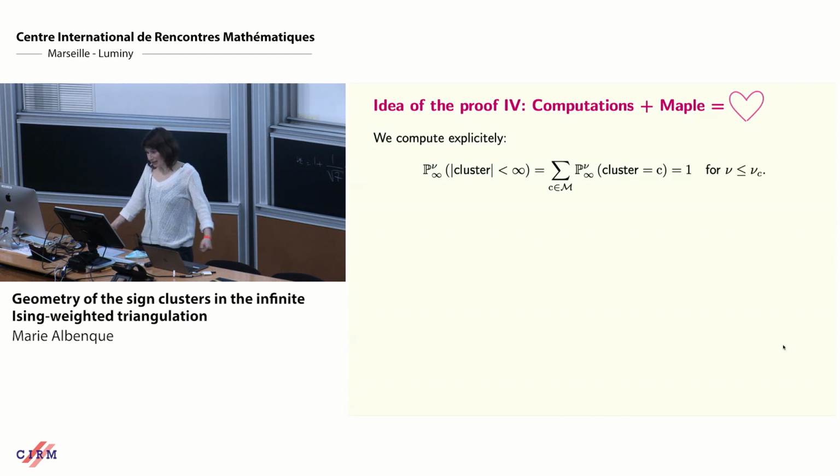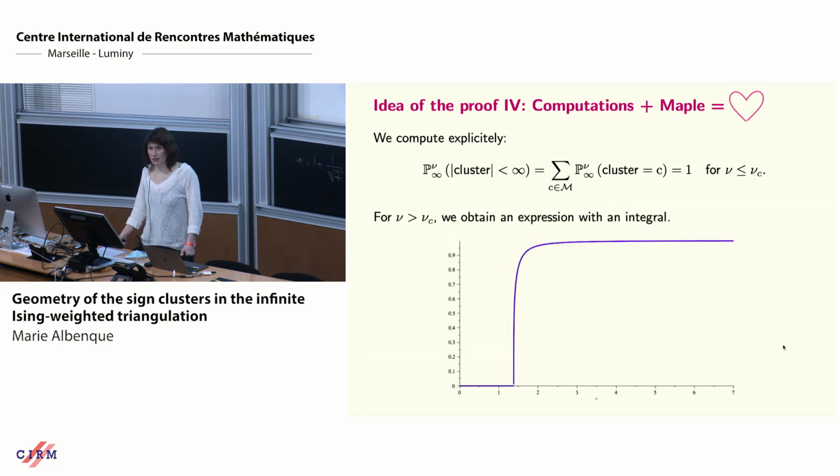And then we can prove that it's 1 if nu is less than nu_c, and we can prove an explicit formula when nu is bigger than nu_c. We have an integral formula. The proof is rather technical. I'd be happy to discuss it with anybody who is interested, but it's not really presentable. Okay, so that's how we do it.